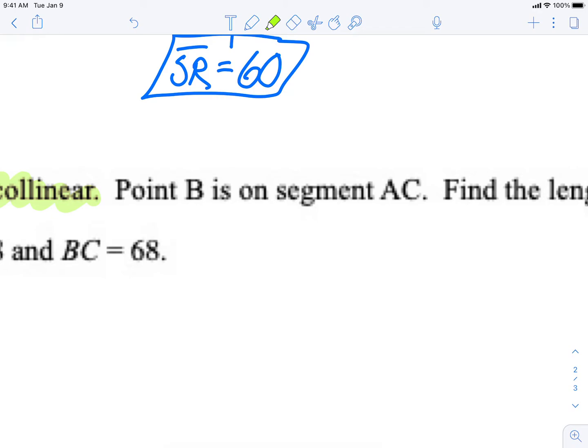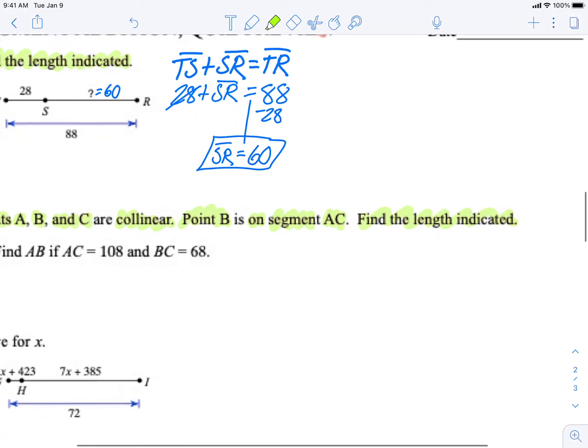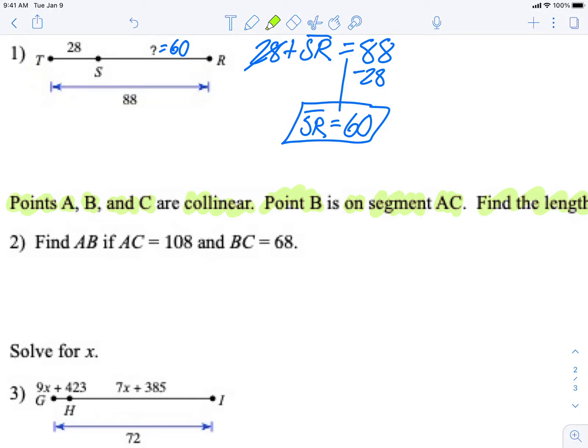Let's see. Point B is on segment AC. So if A is one end of the street and C is the other end of the street, B is on that street, somewhere in between. Find the length indicated. Okay? So they describe it for us.